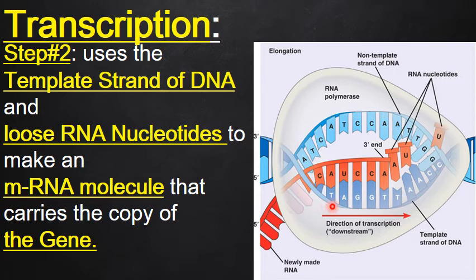You have the DNA template, TAG, GTT, and so forth, here being used, and then the mRNA nucleotides attached to it. A bonding with T, U with A, C with G, C with G, A with T, and so forth. Notice how in the mRNA, instead of T's, we have U's.